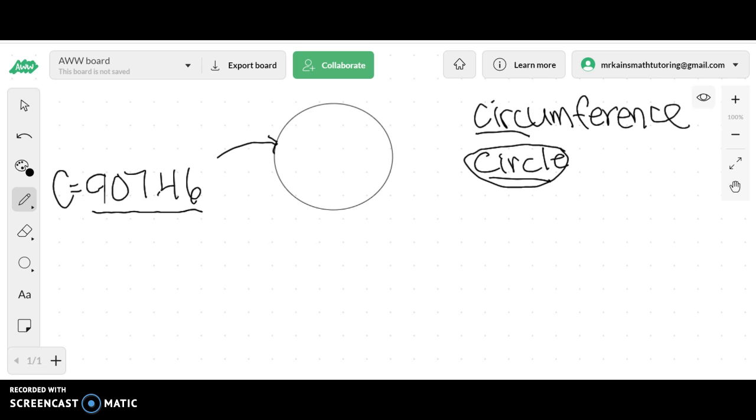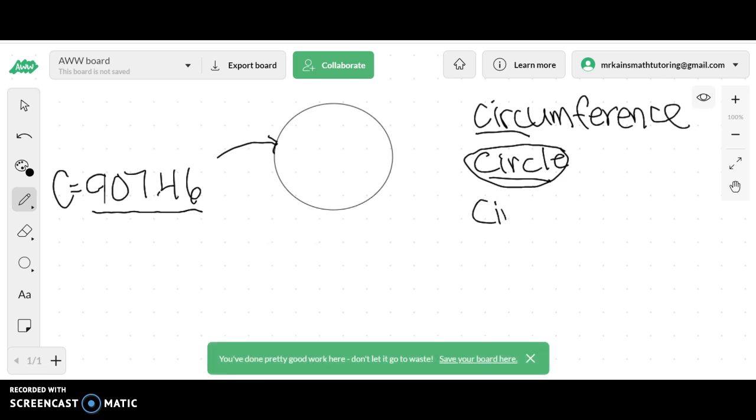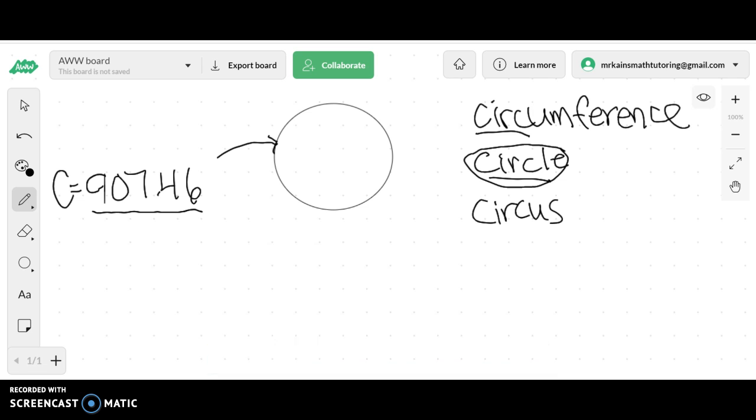Think of other words that have the circ prefix, like, how about circus? Okay, circus. All right, we know that a circus is the root word circus, or the Latin word, I believe, means a ring.